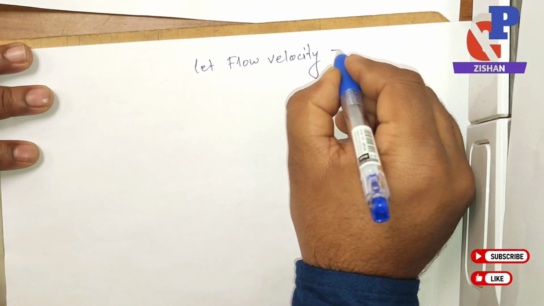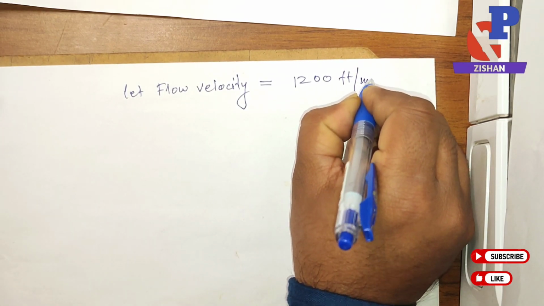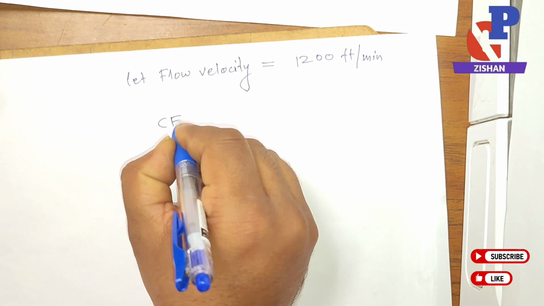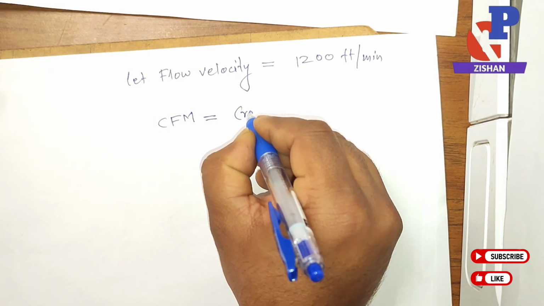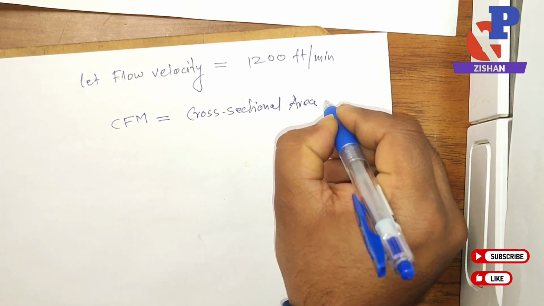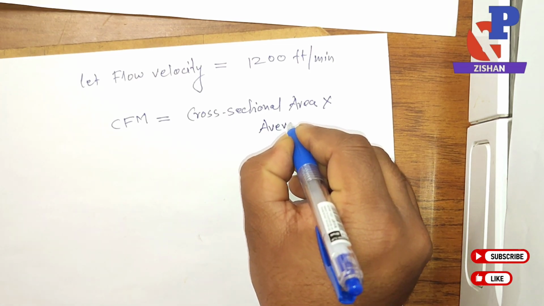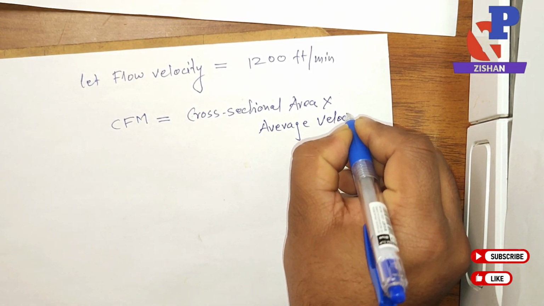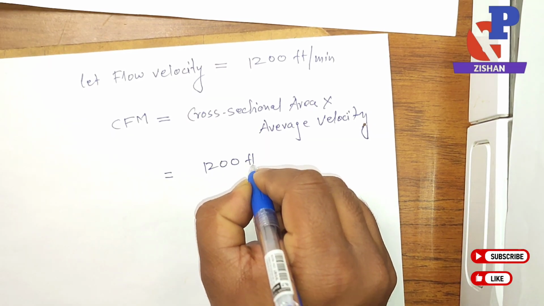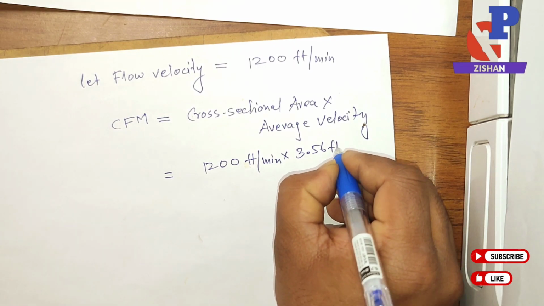Suppose that is 1200 feet per minute. That means the velocity inside the circular duct is 1200 feet per minute, meaning in 1 minute the air crosses 1200 feet. And the CFM, as we know, is the cross sectional area times the average velocity. The cross sectional area, 3.56, multiplied by 1200 feet per minute.